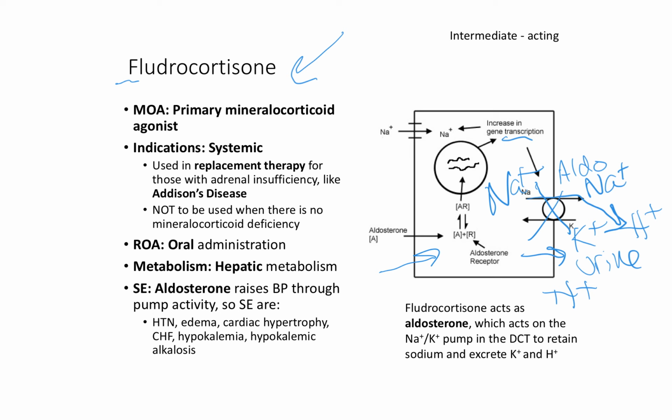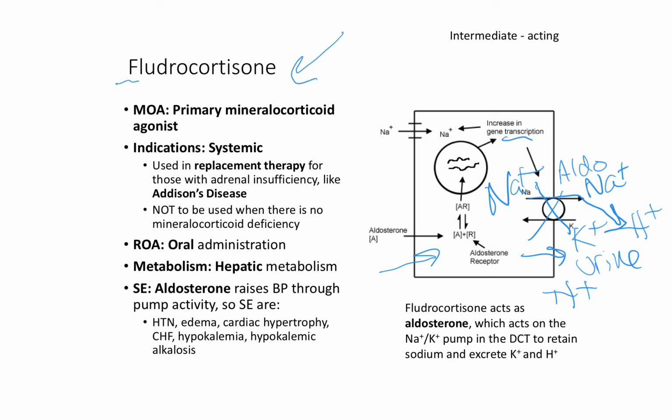It's an oral medication. It's metabolized in the liver, and the side effects are what we would predict physiologically through aldosterone activity. Aldosterone raises the blood pressure through that sodium-potassium pump activity, so the side effects then are pretty predictable. Hypertension, fluid retention, and edema, increased work of the heart, and then cardiac hypertrophy, leading to possible congestive heart failure.